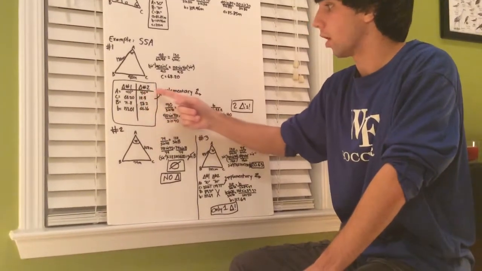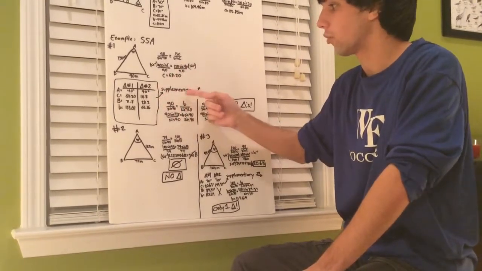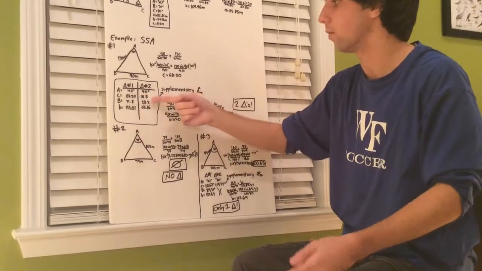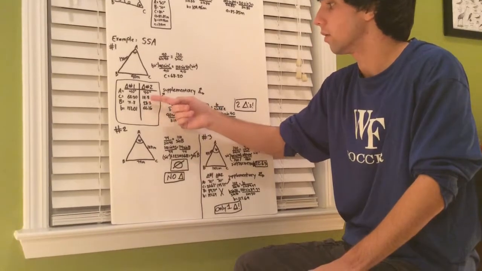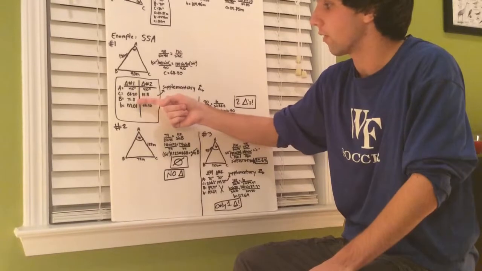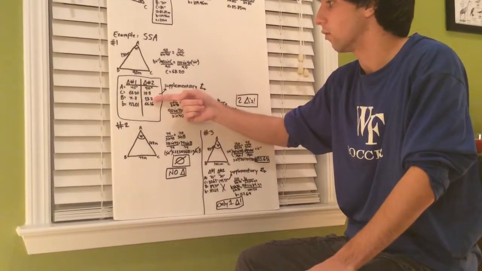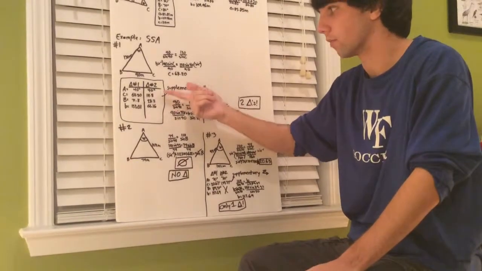For triangle number 2, you're going to have to find the supplementary angle of 68.20, which is 111.8. So from there, you can solve with the 180 trick and get 71.8 degrees for b. On the other side would be 28.2 degrees for b.